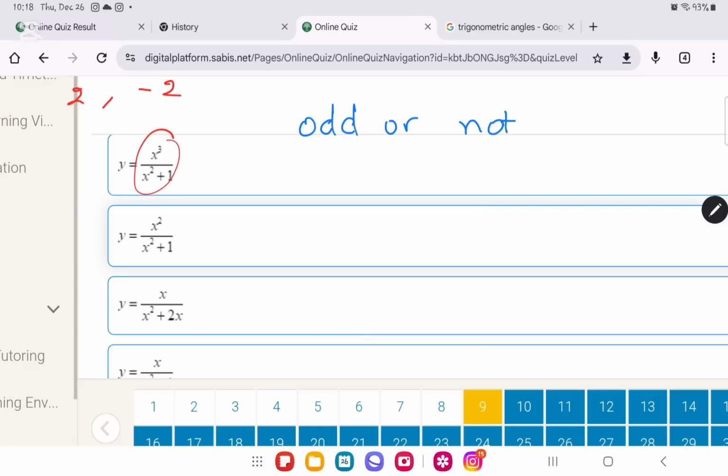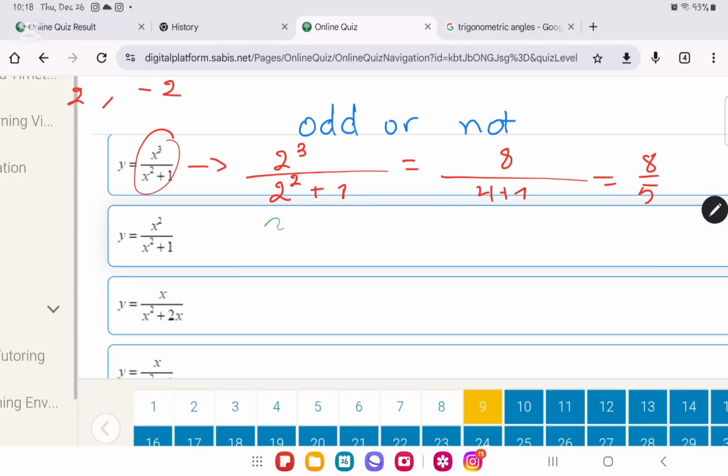So let's say y is equal to this. Let us try to solve it. First, substitute 2. So 2 to the power of 3 divided by 2 to the power of 2 plus 1, which gives us 8 divided by 4 plus 1, which is 8 over 5. Next, we substitute minus 2.